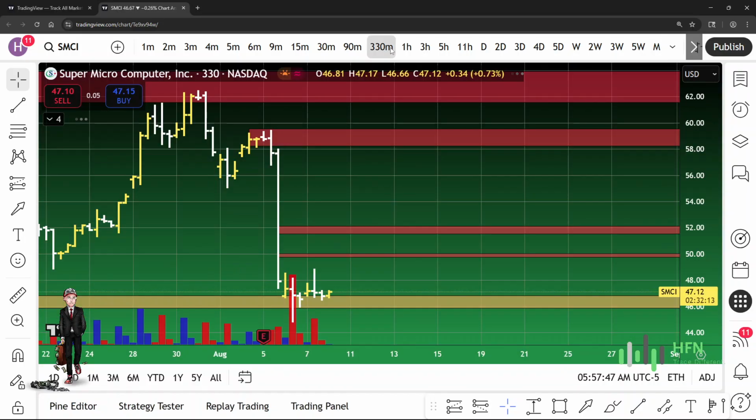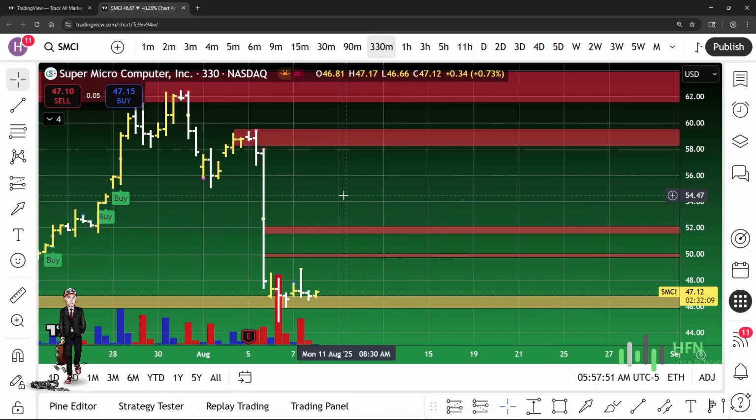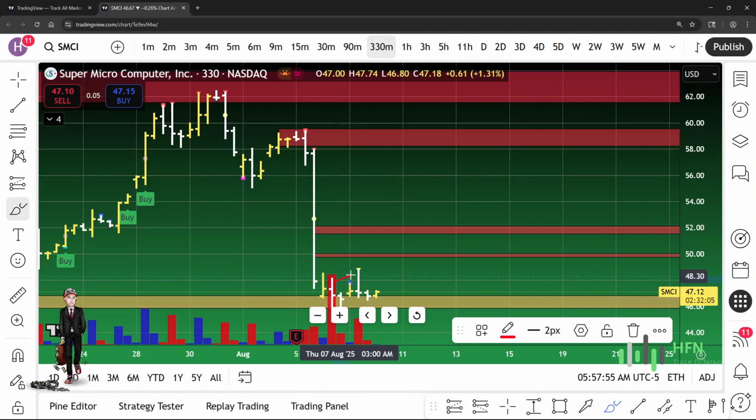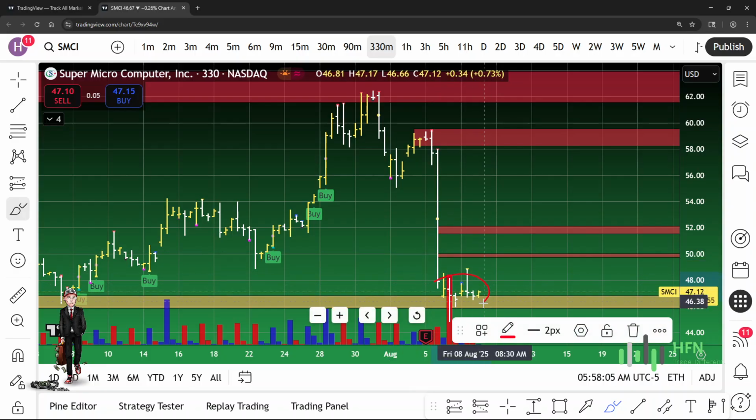Now, within this time though, we can see the market bounce, and we see that now on the 330-minute chart. So I'm going to keep it real. We can actually see the market in SMCI initially try to lift and go up, because after we saw this very widespread move to the downside, it's not really reacting anymore to the selling, to the weakness. You can see that price is still elevated. It is trading sideways, and the market is not going down.